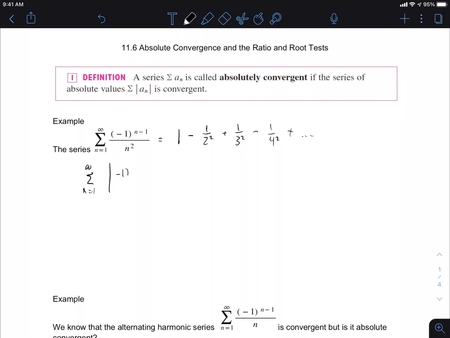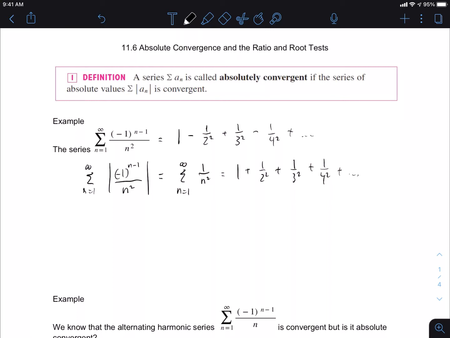If I take the absolute value, the alternating signs drop, and I'm going to have a series from 1 to infinity of 1 over n squared, and that's going to be 1 plus 1 over 2 squared plus 1 over 3 squared plus 1 over 4 squared, and so forth and so on.